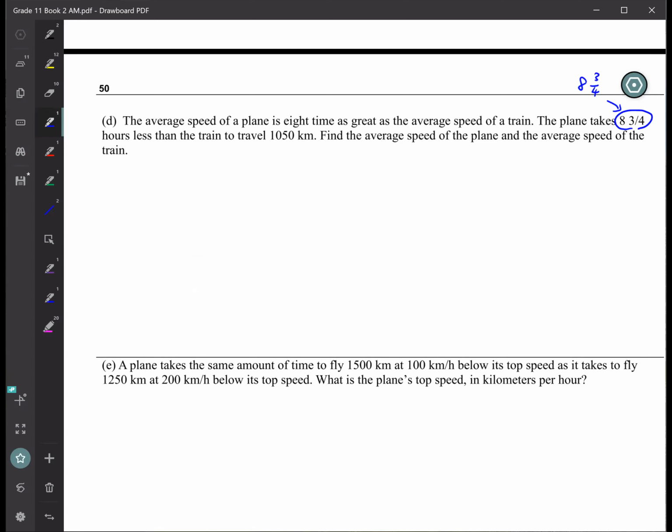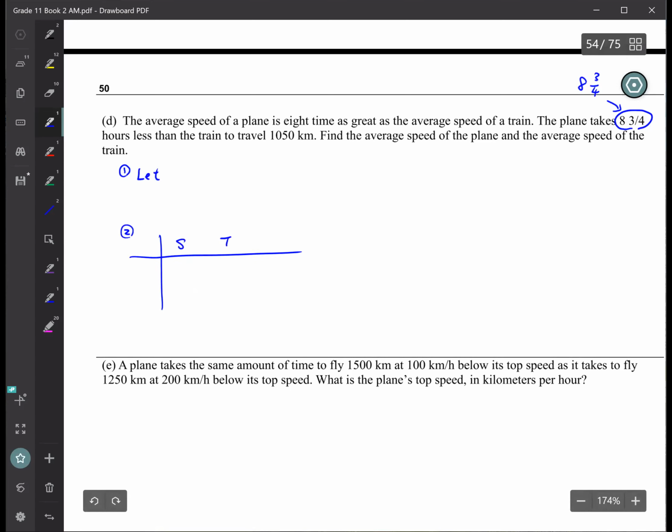Other than that, same thing: start with the last statement, make a table, and please try out the equation as well.